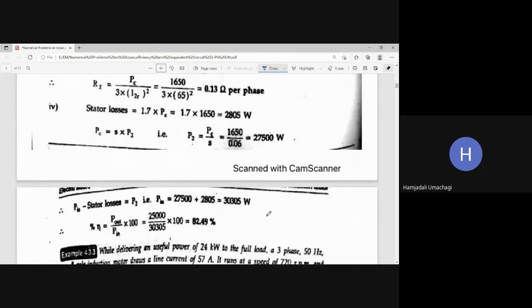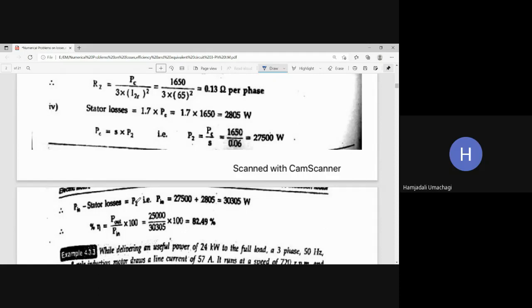So after this we will calculate P in. Why? Because we know the stator losses and the rotor input, but we don't know the stator input, the net input. From the power flow diagram of the three-phase induction motor, P in minus stator losses is nothing but P2, the rotor input.